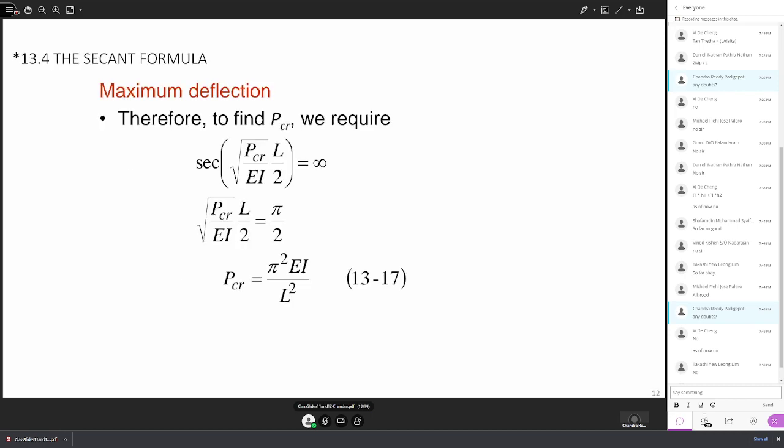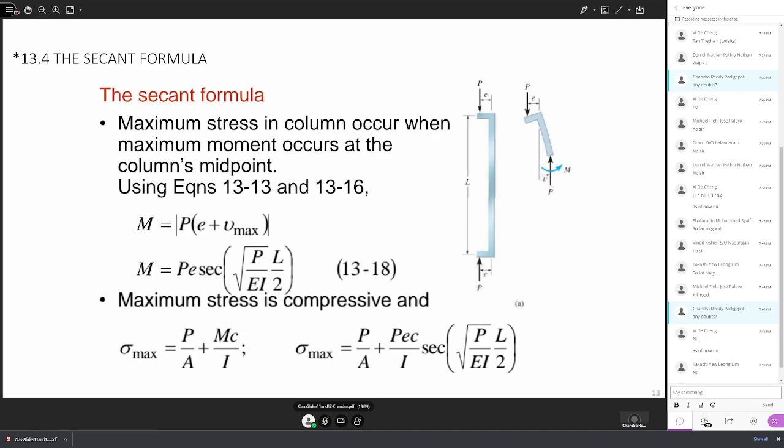Now, to calculate the maximum deflection, you can prove the secant formula.